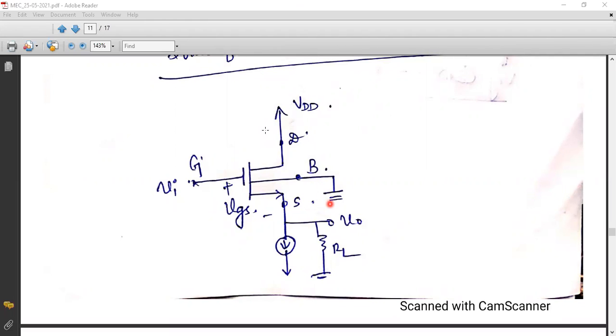Where did I connect the active load in the previous configuration, CG? At the drain terminal, sir. Very good, at the drain. But now you have connected the active load at the source. Why? Because I'm taking the output across the source.